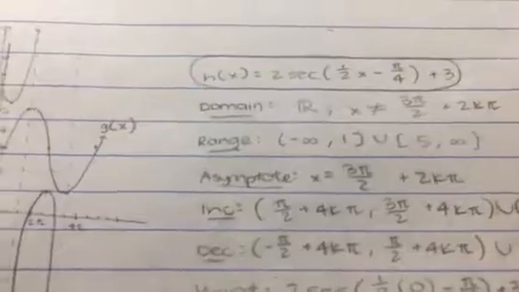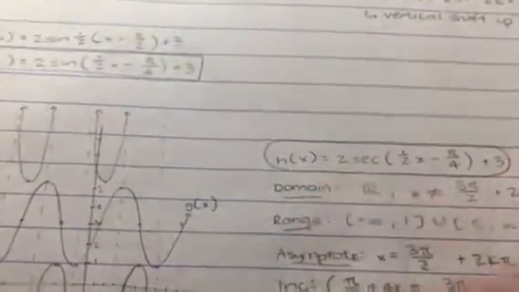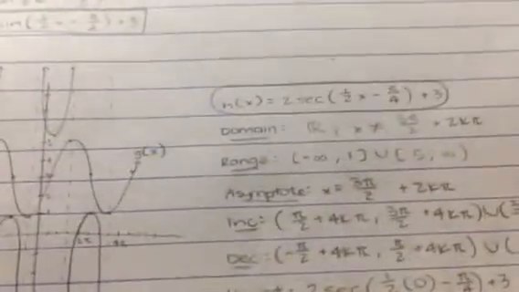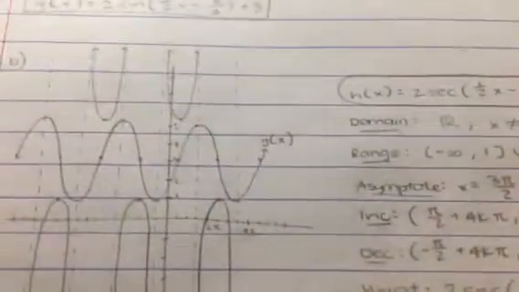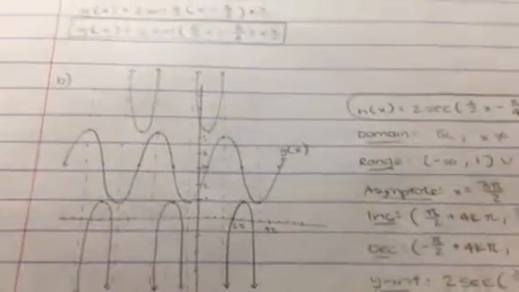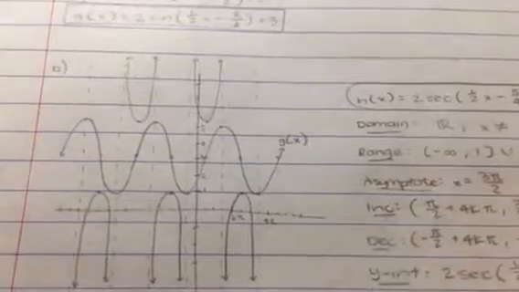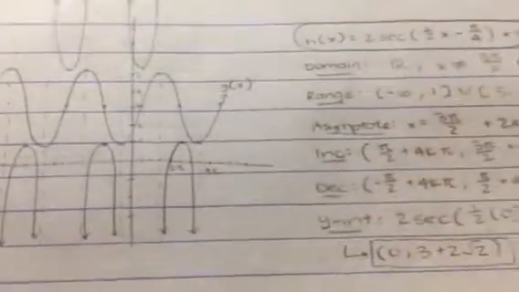And then I added 4k pi because I wanted to show that it's going to increase here and here, and I didn't draw it, but it's going to keep increasing, and also here. And 4k pi instead of 2k pi was added because I manipulated the graph that way, and the period was 4 pi.